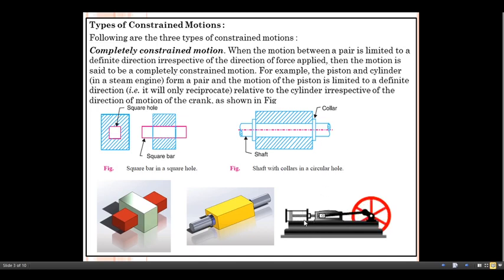Now if you see here, whatever force is applied on this piston, the movement of the piston takes place in one direction. If I change the direction of the force, the direction of the motion of this piston also changes.